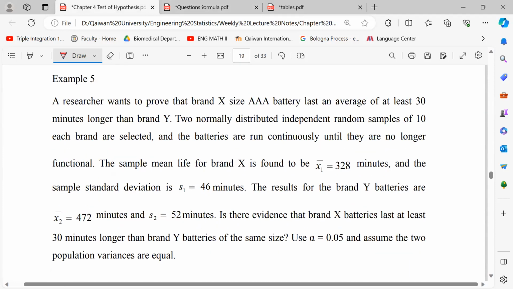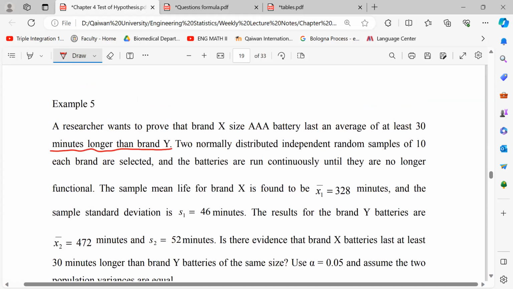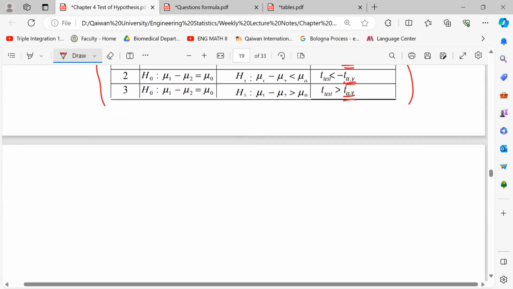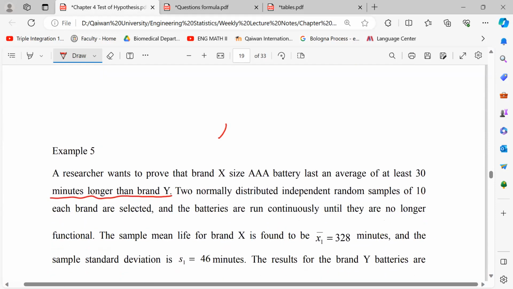Look at this example. It says a researcher wants to prove that brand X size AAA battery lasts an average of at least 30 minutes longer than Y. That means here, as it's the difference between two means, we say X1 bar minus X2 bar is greater than 30.